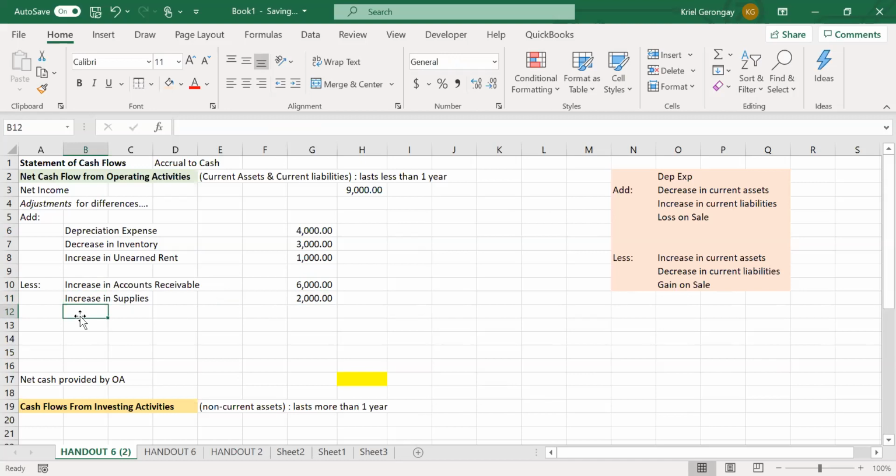And for your accounts payable, here it's showing that your accounts payable decreased from 11,000 to 4,000.